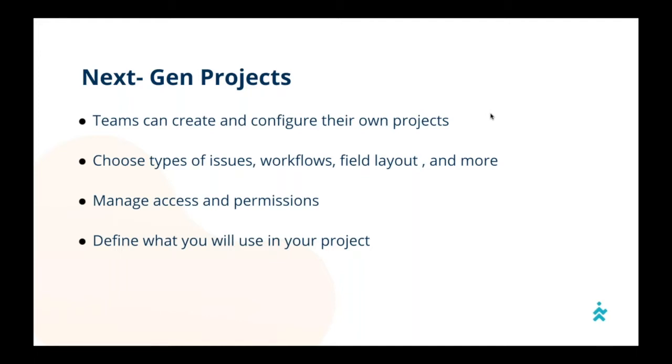Okay, so it's perfect because you can just click and select what you want. And if in the future you want to enable one specific functionality of your next-gen project, you can do that. So it's perfect as well.